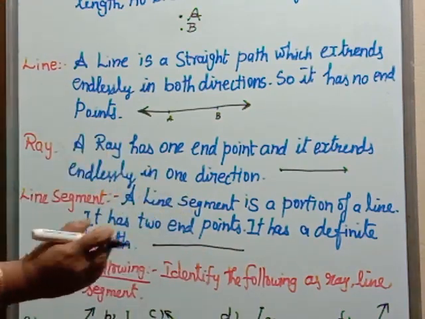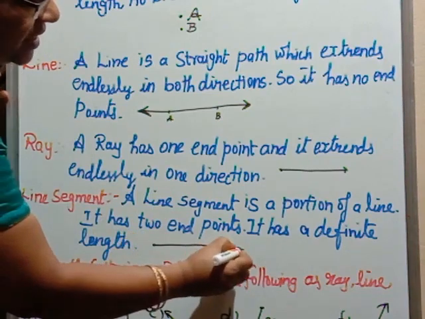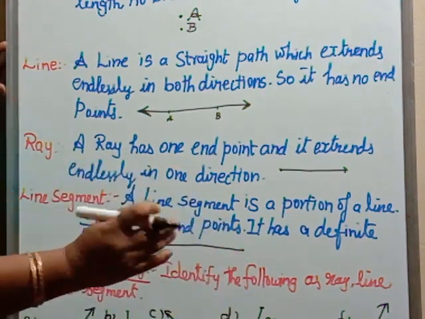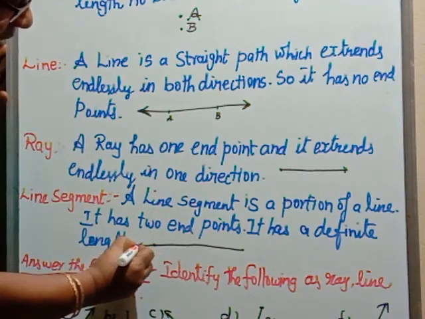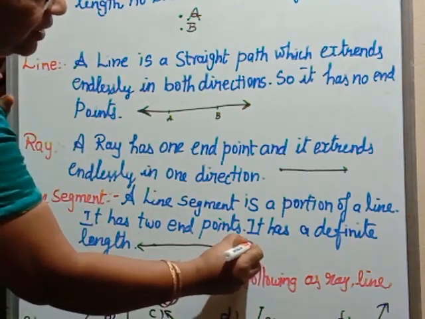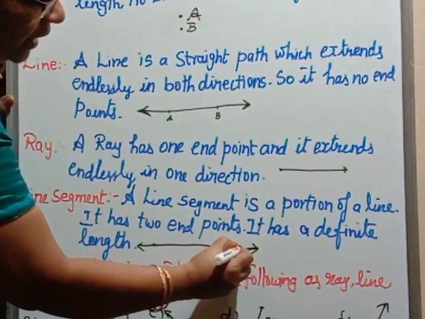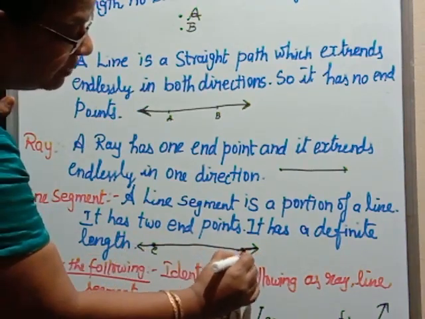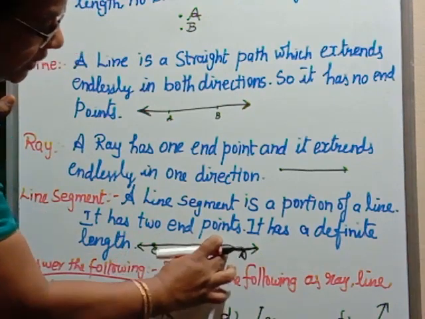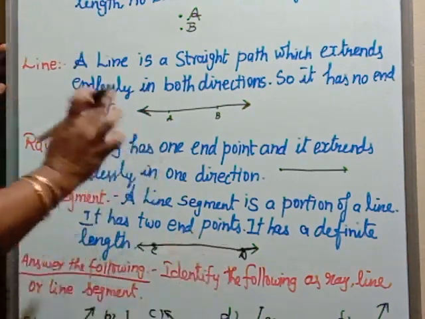It has definite length. Both sides there is an end point. We cannot extend anything. The line segment is where we have a starting point and an end point. This middle portion is called the line segment.